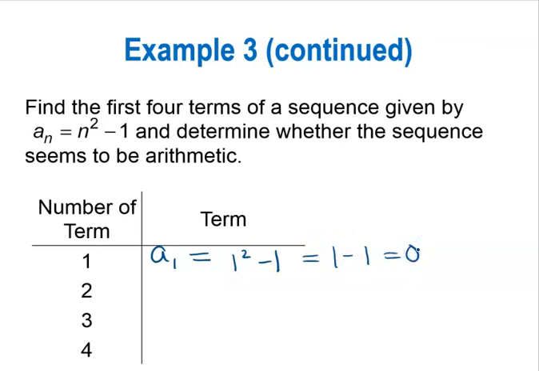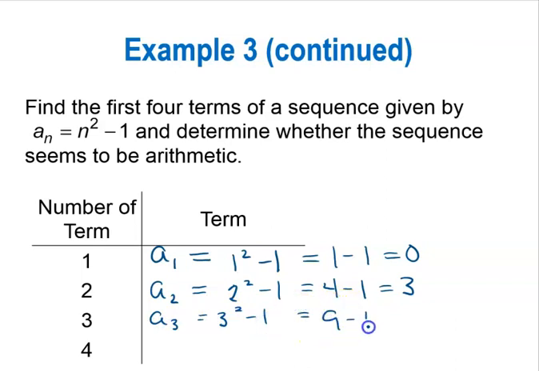So my first term is 0. Then a sub 2, which means my second term, is 2 squared minus 1, which we know is 4 minus 1, which is 3. My third term is 3 squared minus 1, which is 9 minus 1, which is 8.